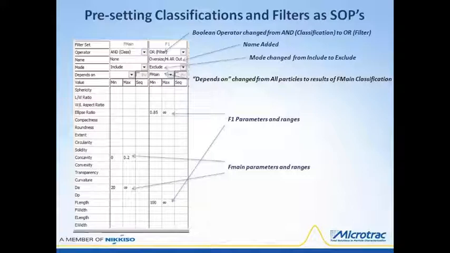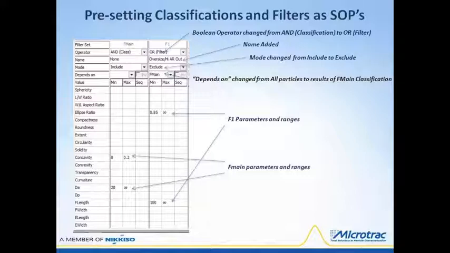Then the mode has been changed from include to exclude. When the mode is set to include, then only the distributions of the particles defined by the classification or filter are reported. When the mode is set to exclude, only the distributions of the particles not defined by the classification or filter are reported. Next, fmain is entered in the depends on window.